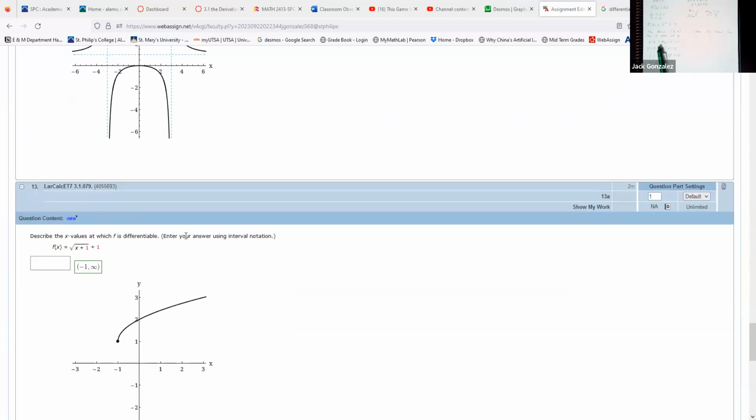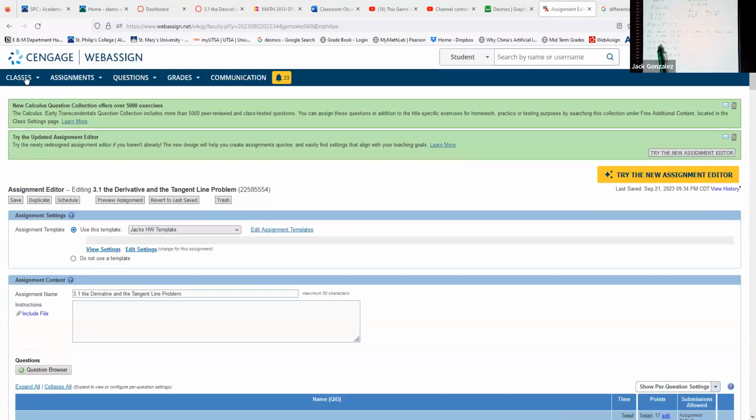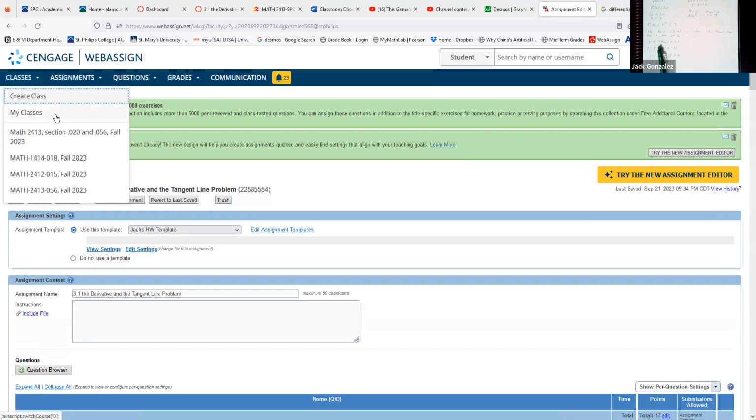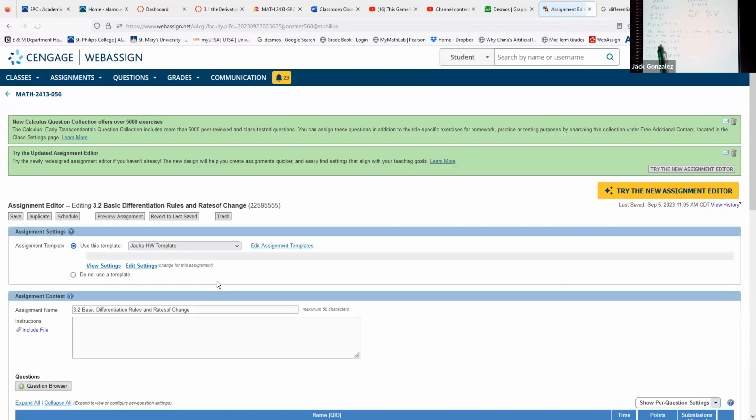All right, let's move on to the next section. It's pretty much it for 9.1. 9.1's a little annoying, and I'm sorry. So 3.2 is a lot more chill. Differentiable means you can take a derivative at that point. In order for it to be differentiable, it needs to be continuous there.